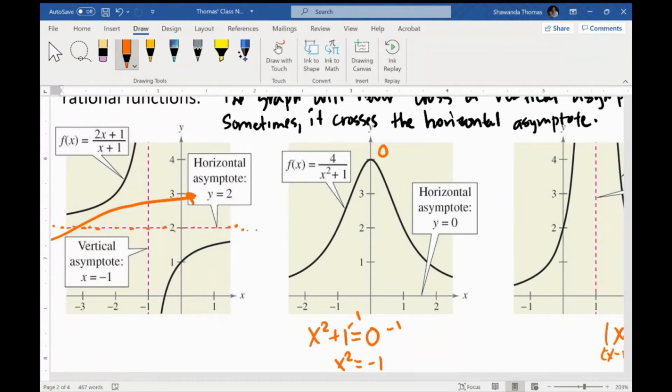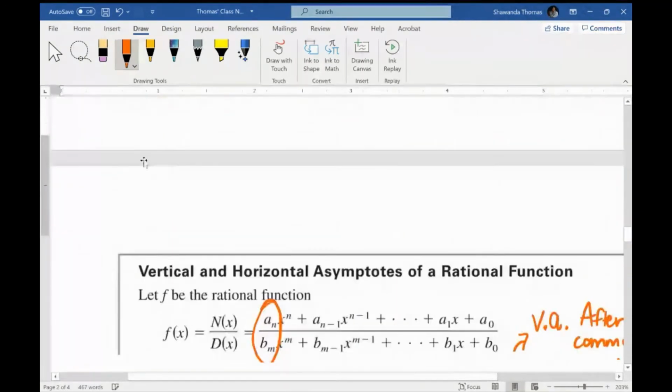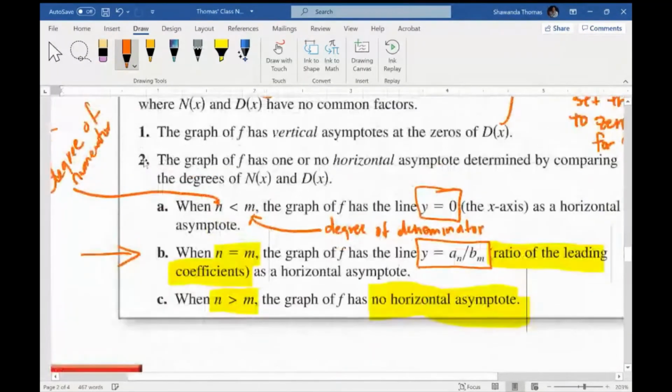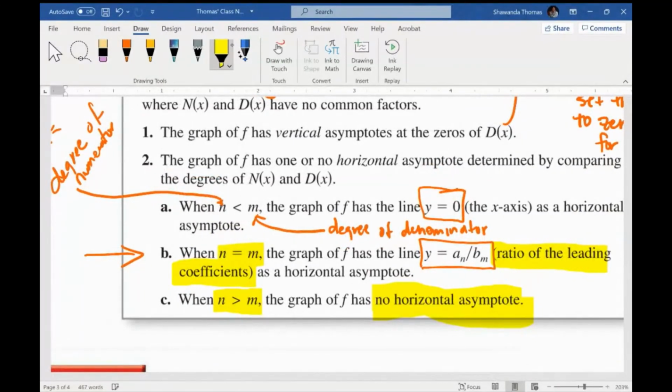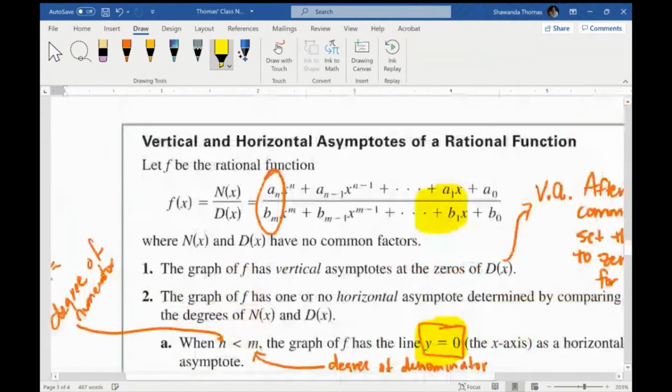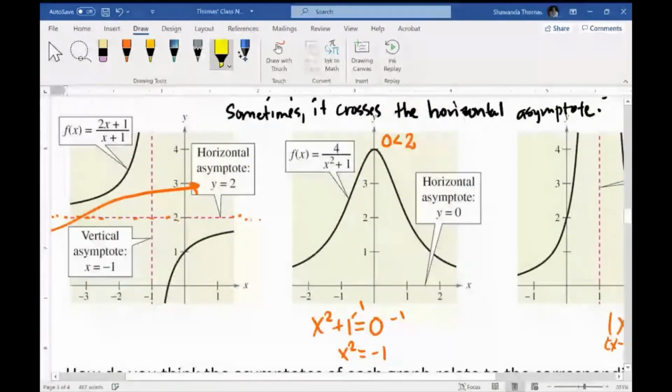What is the degree of the denominator? 2. Is 0 less than 2? All right. So the degree of the numerator is less than the degree of the denominator. Then our horizontal asymptote is y equals 0. Automatically, y equals 0. You don't even have to work anything out with that one. Any questions so far about horizontal asymptote?